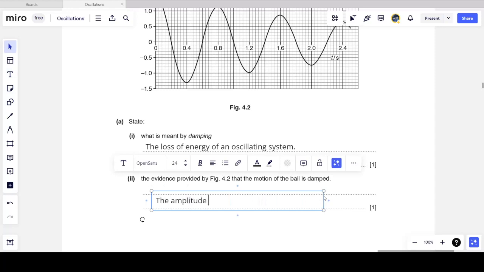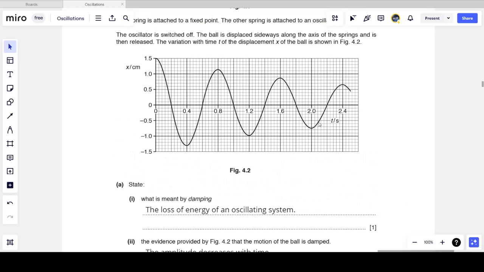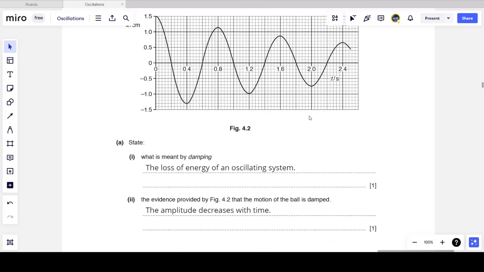Damping, as we learned it, occurs when the amplitude of the displacement decreases with time. And we could go one further and ask what type of damping this is, and we can see clearly that this is light damping, because there are many oscillations. The object still oscillates, but with a lower amplitude each time.